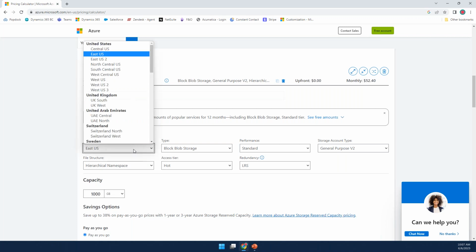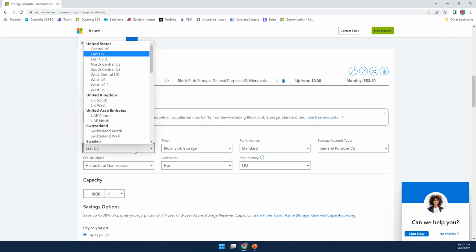So first thing, I'm just going to comment on some of the regions. Currently we have three different geographies where we host our Azure data centers. They are North Central US, Western Europe, and Australia. We're going to be bringing on Canada and additionally the UK as some additional Azure data centers very soon.